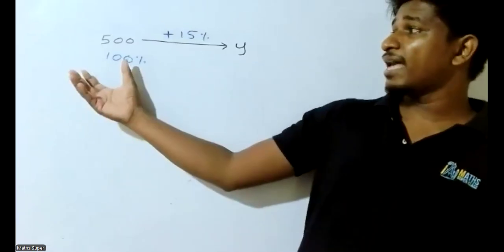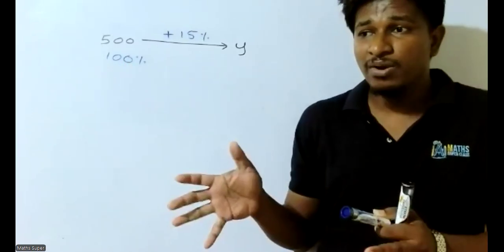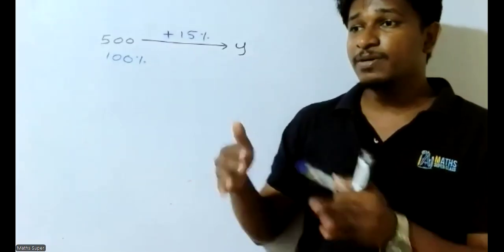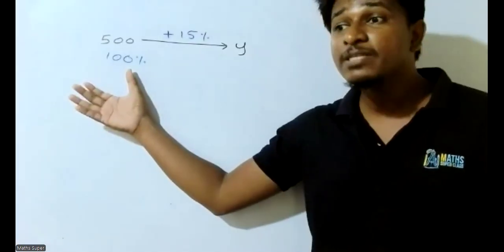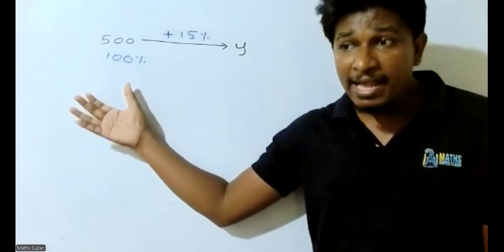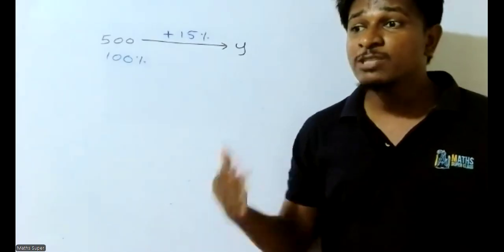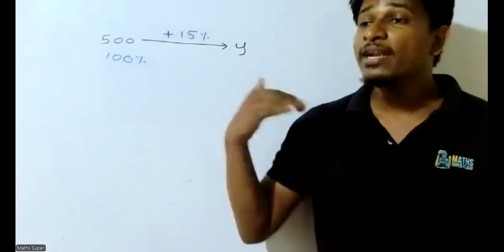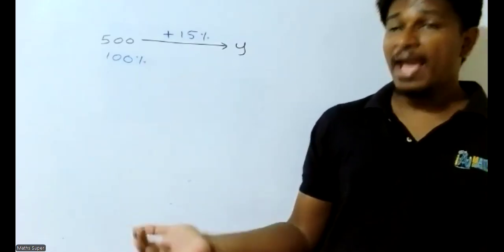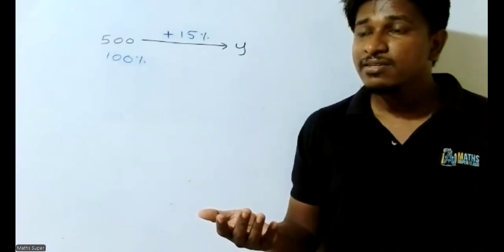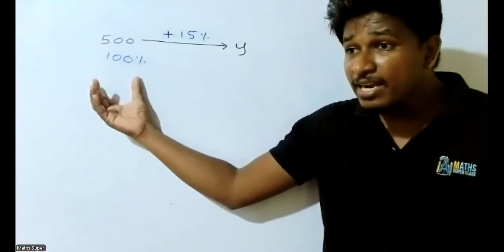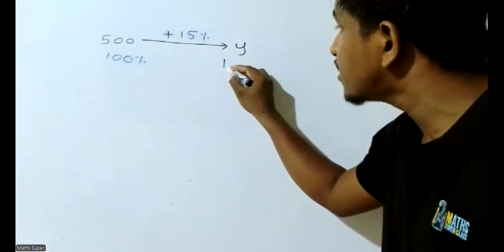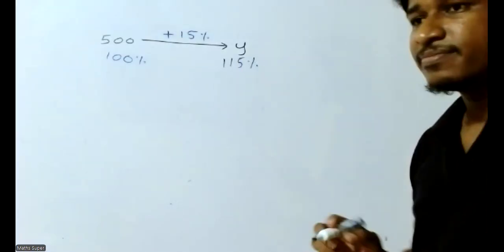But think of the value as 100%. Before he sells, the initial purchasing price is 100% as a percentage. He wants a 15% profit. Now, what is the price of that good as a percentage? 100% plus 15% becomes 115%.